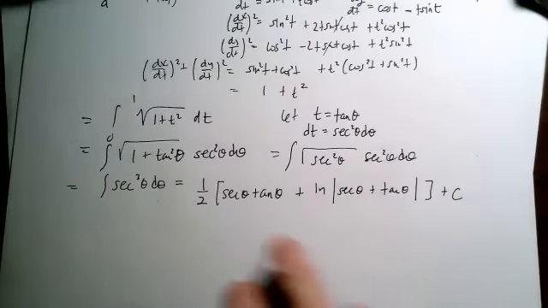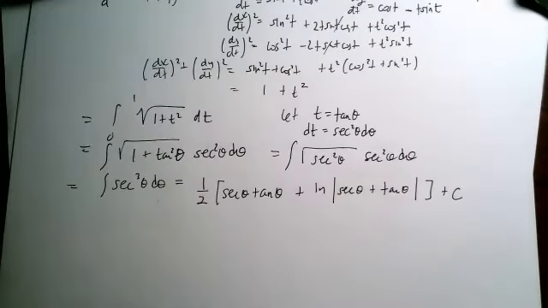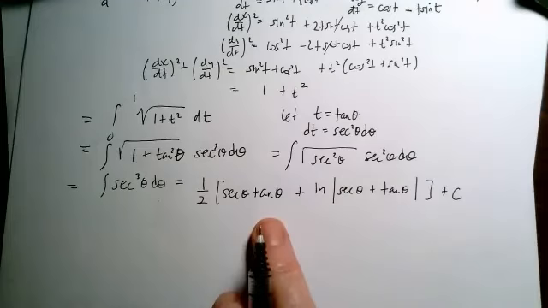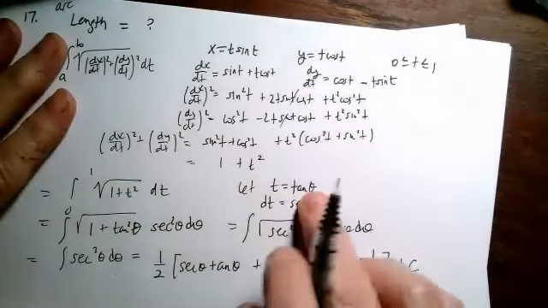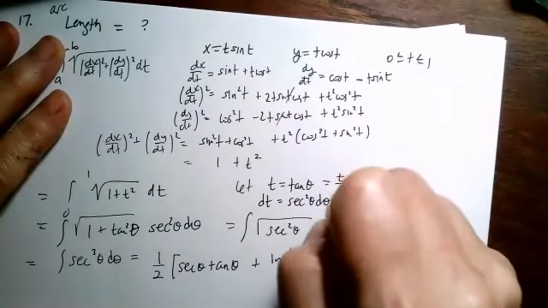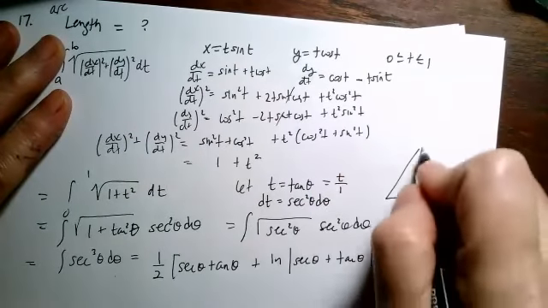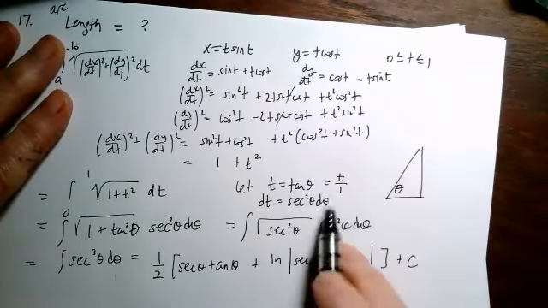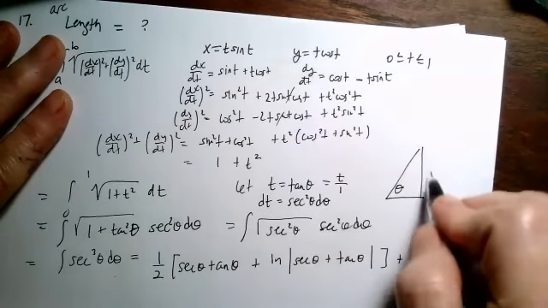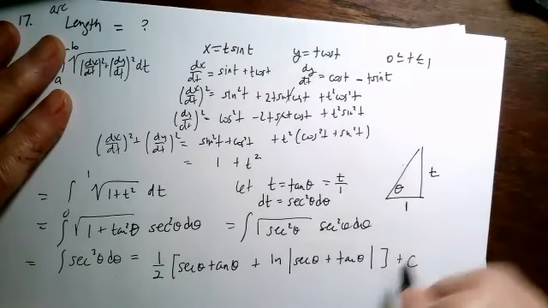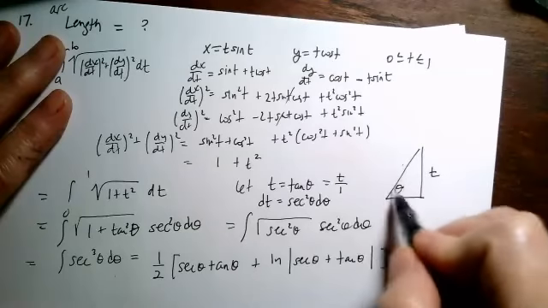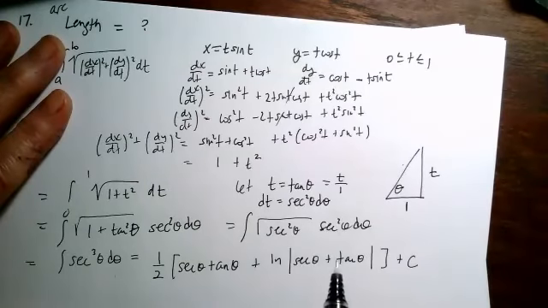Okay, now what? The triangle, right? We've got to do the triangle. So if the tangent of theta is t, I can write that as the ratio of t over 1. And here's theta. The tangent is the opposite side, which is t, over the adjacent side, which is 1. What's the remaining side going to be?